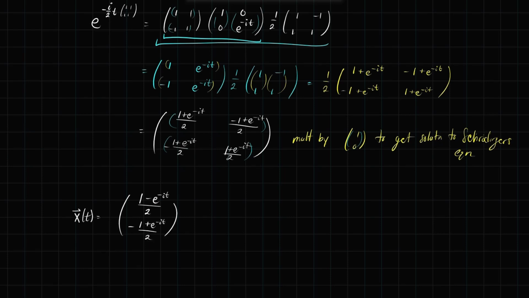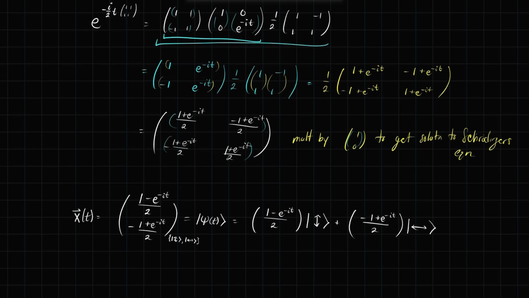And this, of course, is the quantum state of the system, and the quantum state of the system is written with respect to the up-down and the left-right basis. So the quantum state is the following superposition: 1 minus e to the minus it over 2 against the up-down state, plus negative 1 plus e to the minus it over 2 against the left-right state.